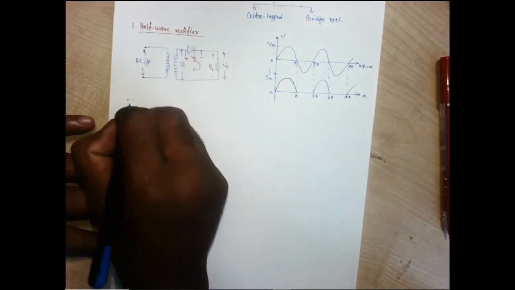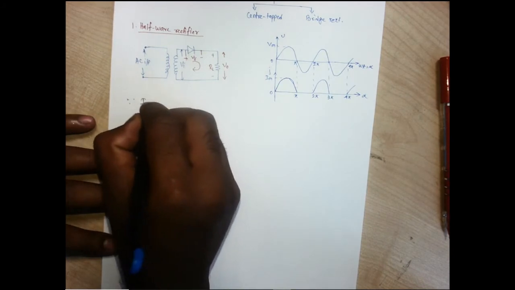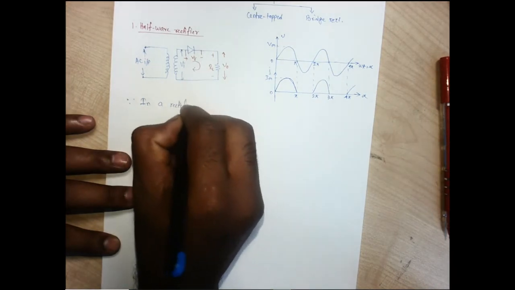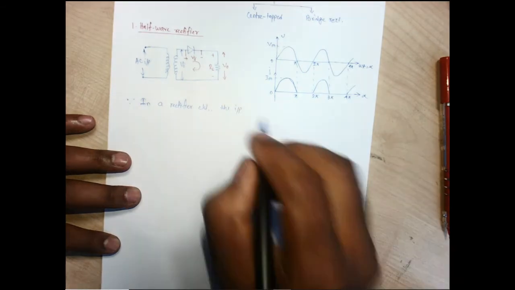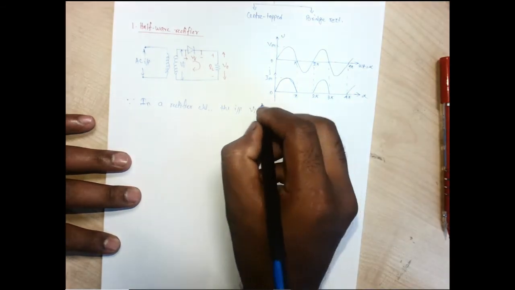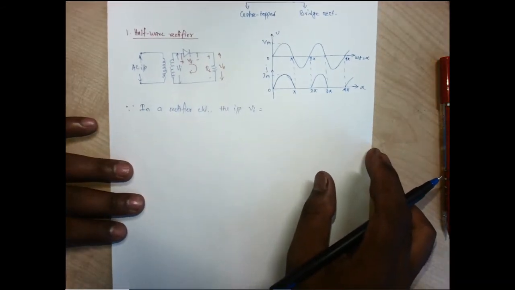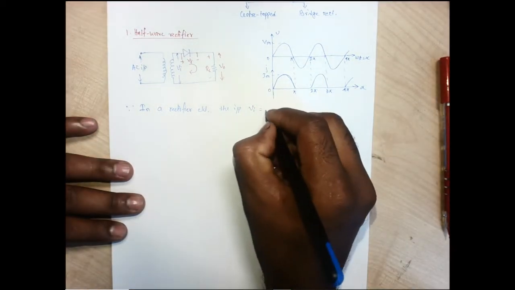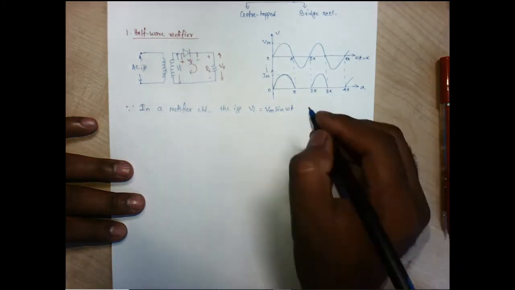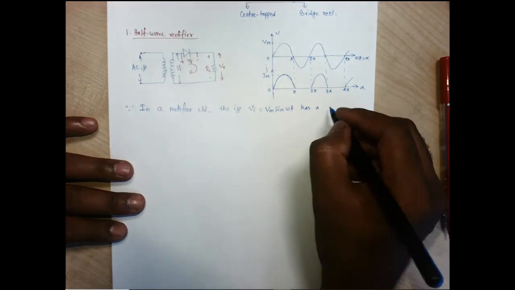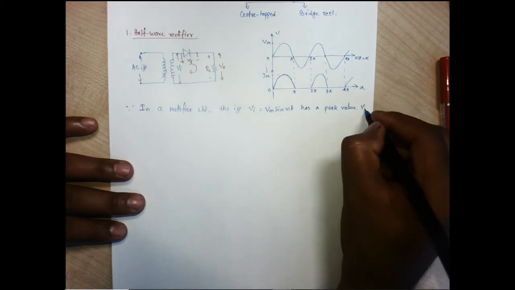Now since in a rectifier circuit the input Vi, which is available across the secondary winding of the transformer, is Vm sin omega t, which has a peak value Vm.